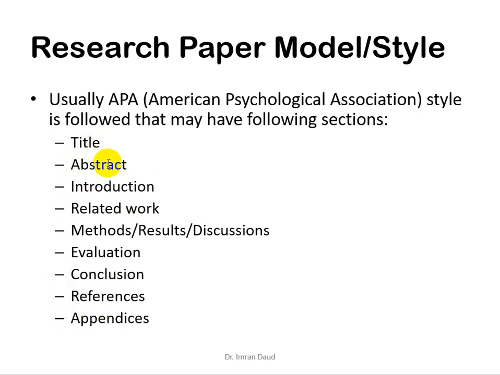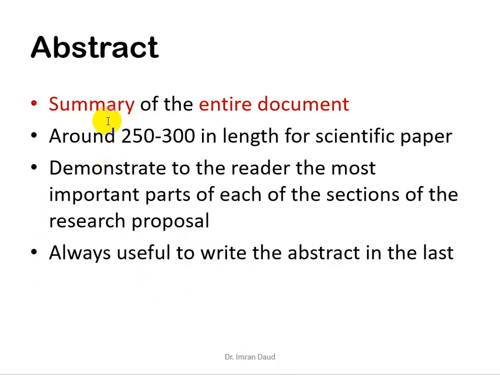So in the abstract, you must be writing about all these sections. Isn't it interesting? Because it is the summary of the entire document. So basically, in a few sentences, you are writing the basic crux of your whole paper. That's why it is called a summary of the entire document in few sentences.